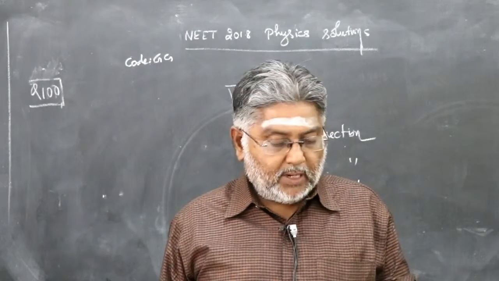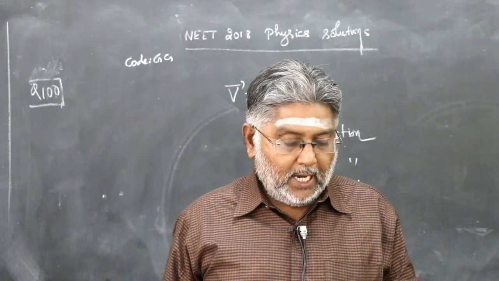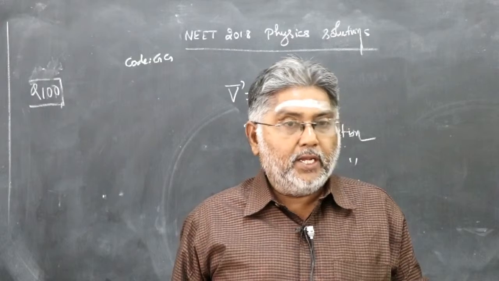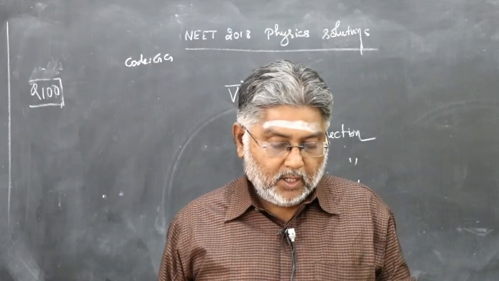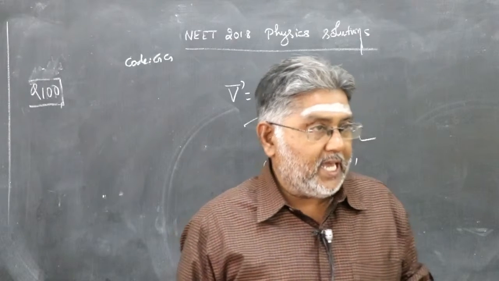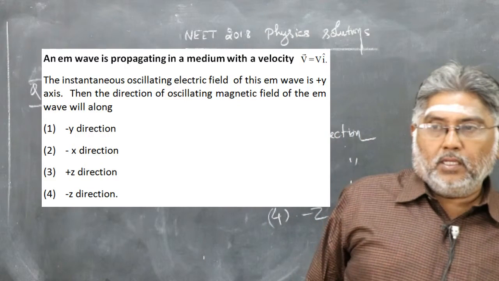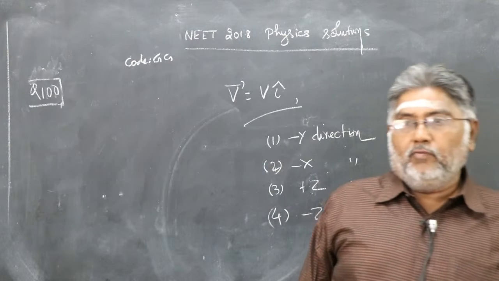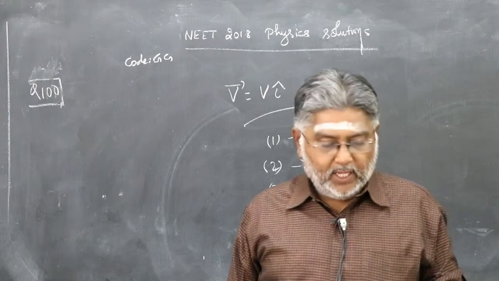Next question, question number 100. An electromagnetic wave is propagating in a medium with a velocity vector v equal to v i cap.